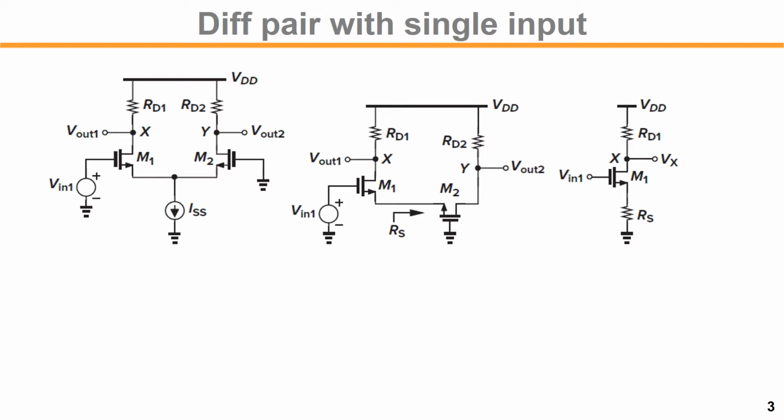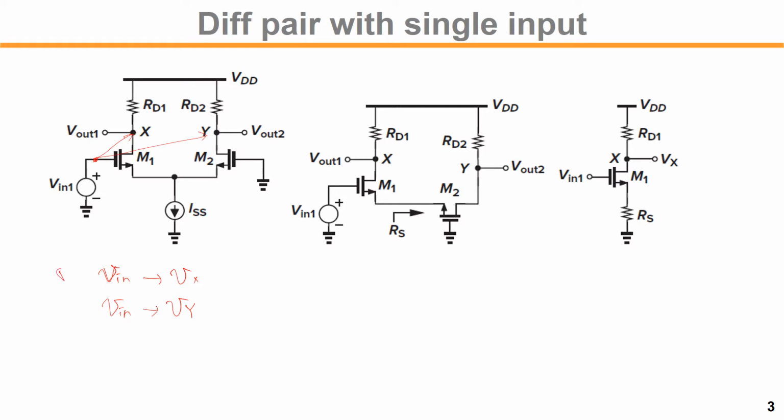First, we can find the gain from input to Vx, and then we can also find the gain from input to Vy, and then we can get the overall gain out of those, from here to there and here to there.